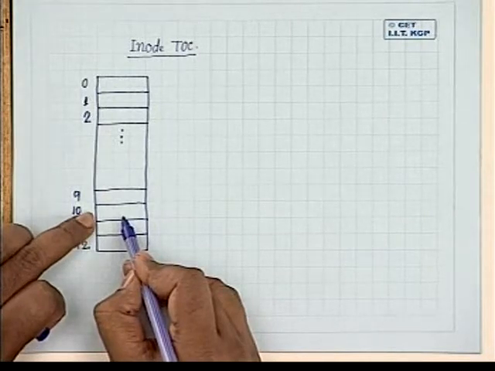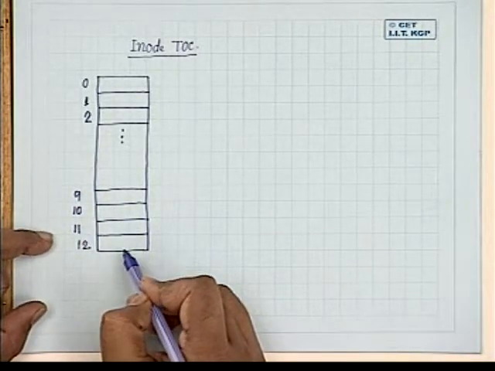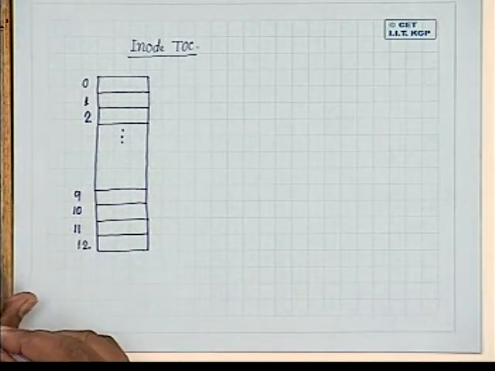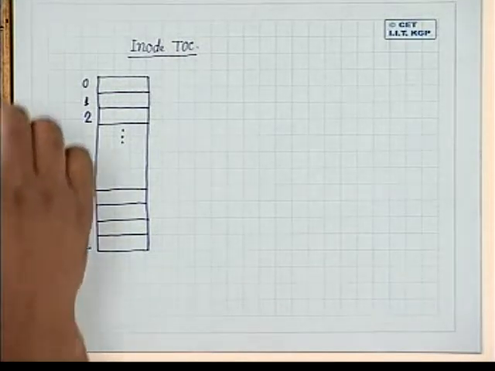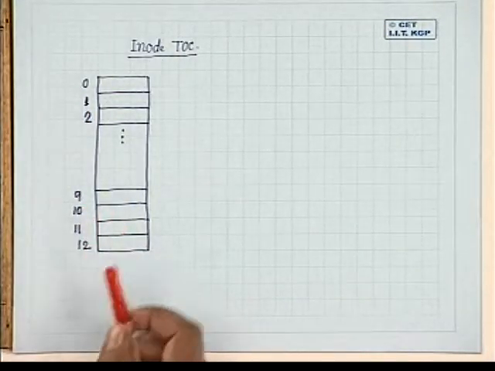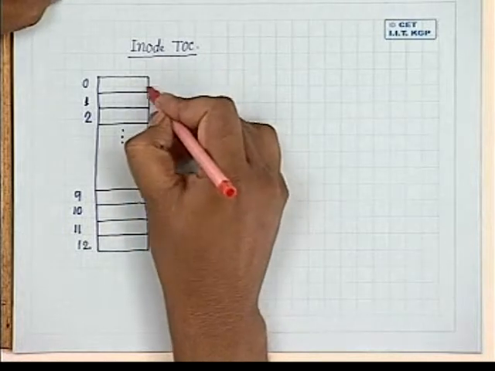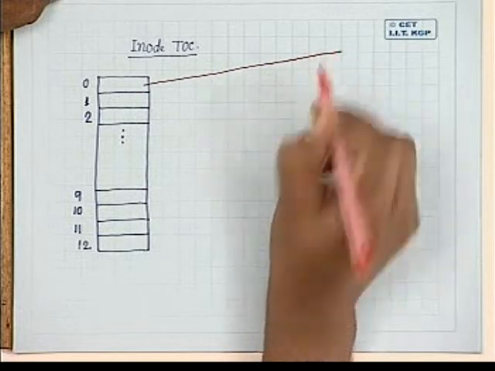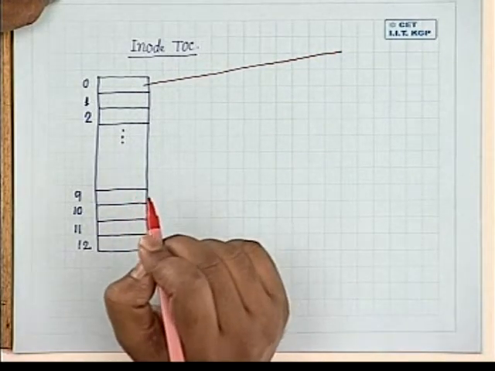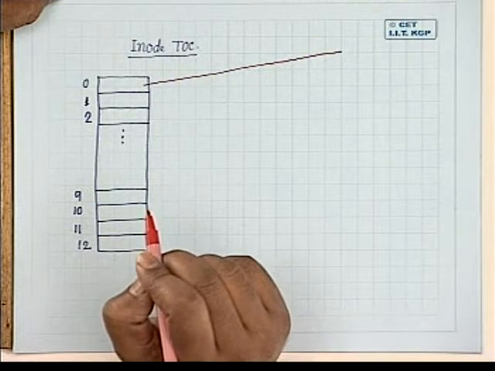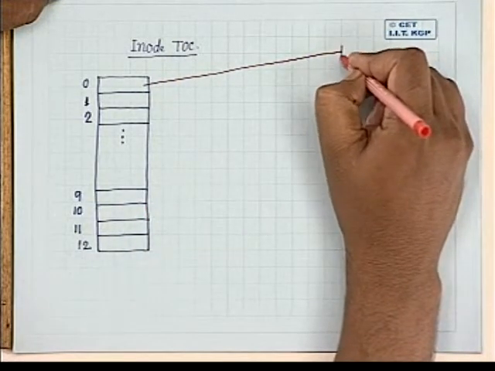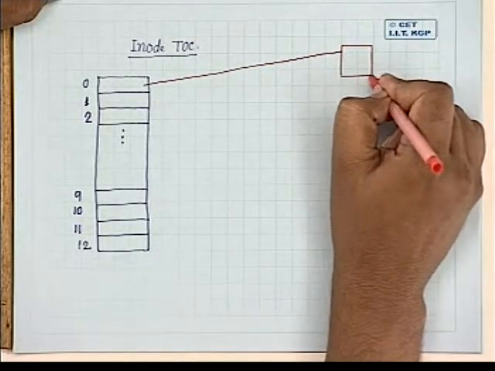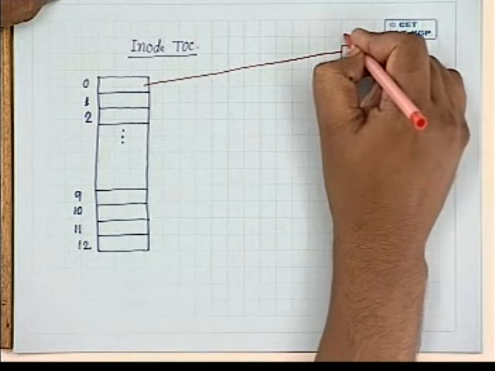This is a single indirect pointer, this is a double indirect pointer, this is a triple indirect pointer. Now what does this direct or indirect pointers mean? When I say that this is a direct pointer, it means that the 0th entry in the inode table of contents contains the address of a block, or the number of a block, which contains the file data.